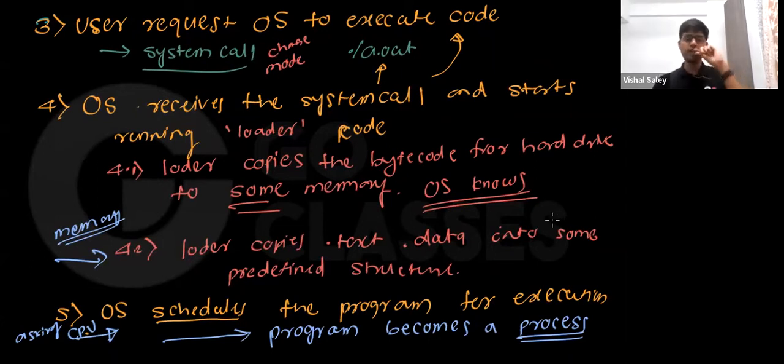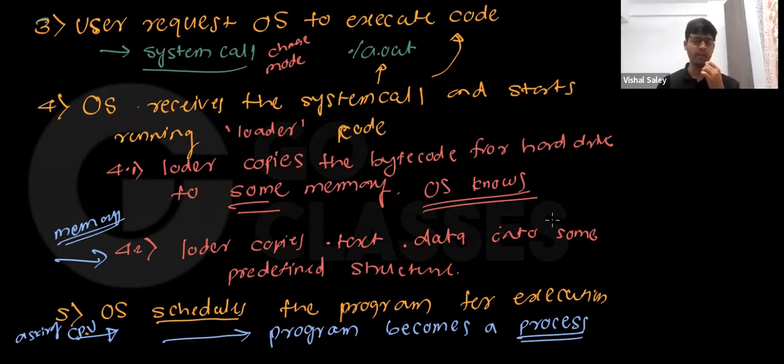So before the loader can start copying something from the hard drive to the memory, there has to be some management done. You have to assign some memory in your RAM where the loader should know, okay, I have to load it here. Is that understood? That management is basically called creating a new process.